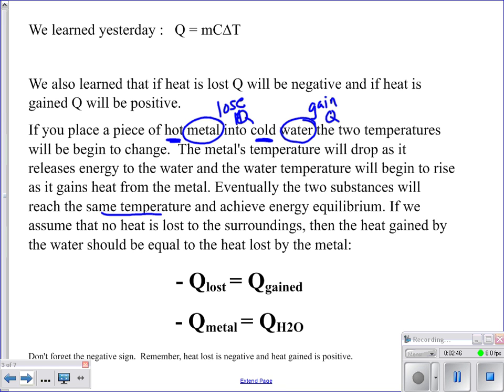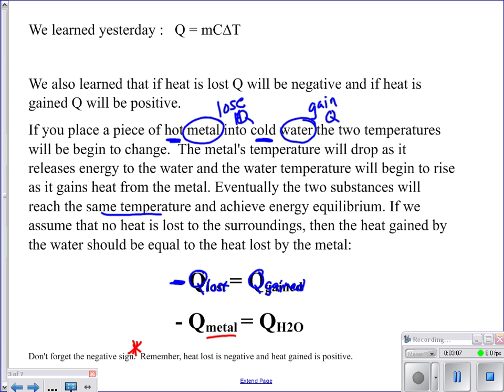What we need to remember is that our heat lost is going to be equal to the heat gained. But because we're talking about lost and gained, you have to remember to put that negative sign with the substance that loses the heat. And that's what is listed down here. Remember, heat lost is a negative and heat gained is a positive.